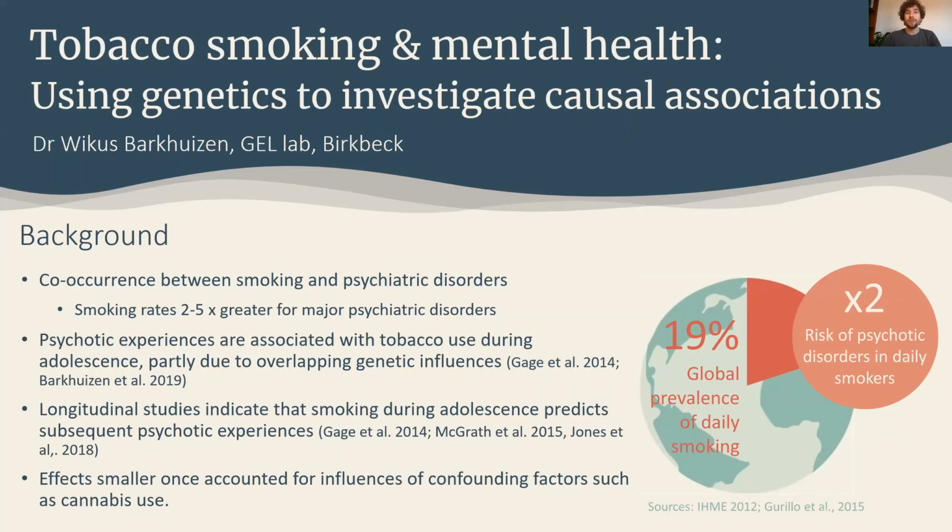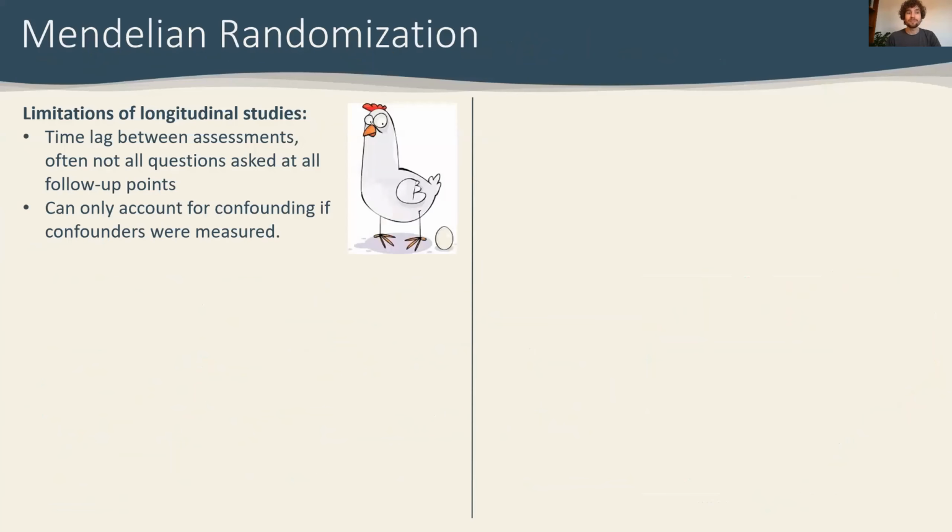From past research, we know that these experiences are associated with smoking, but longitudinal studies that derive these associations have limitations. So for instance, when we have a big cohort study, typically we assess people on their psychotic experiences and smoking every year or two.